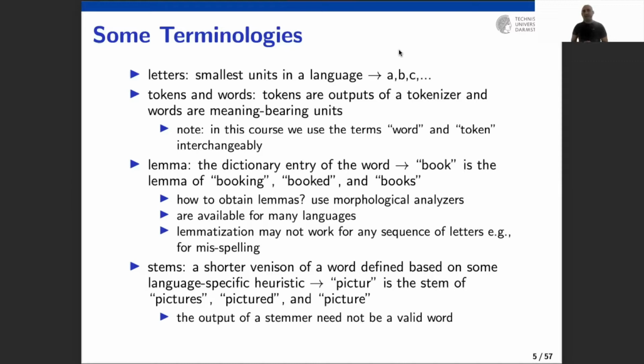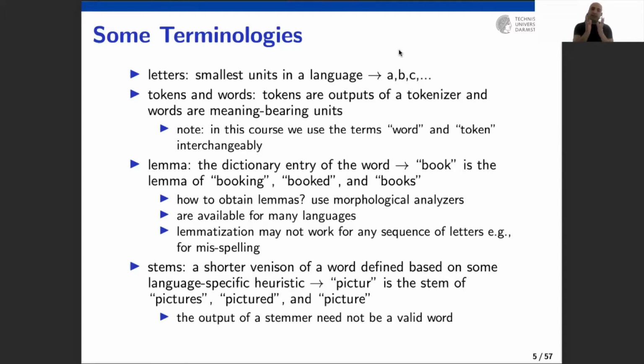What is a stem? A stem is a short version of a word defined based on some language-specific heuristic. For example, this word, something I cannot pronounce, is the stem of pictures, picture, and picturing. So as you can see, the output of a stemmer need not be a valid word.